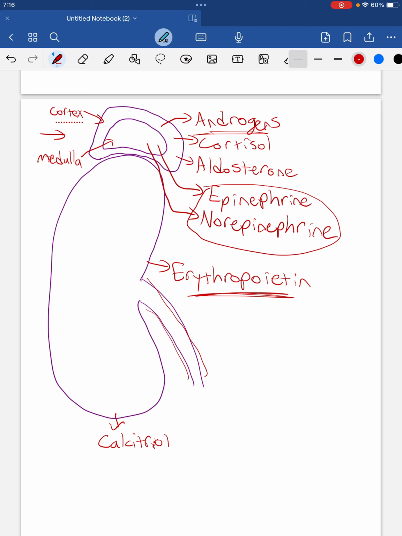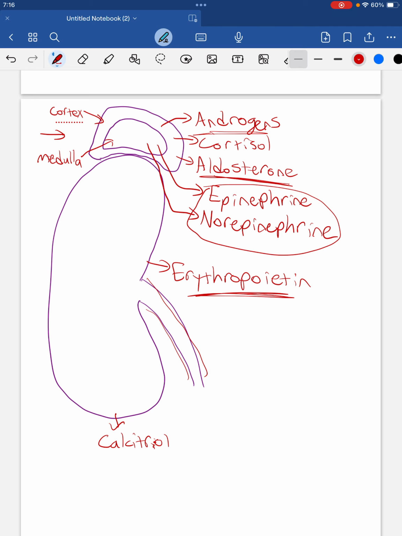All right. Let's do aldosterone, then we'll get into cortisol because cortisol is a little bit more in depth. So aldosterone increases blood sodium levels. Okay, this is a mineralocorticoid. So corticoid because it's made by the cortex, the adrenal cortex.